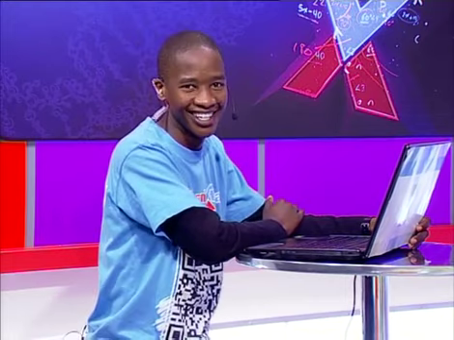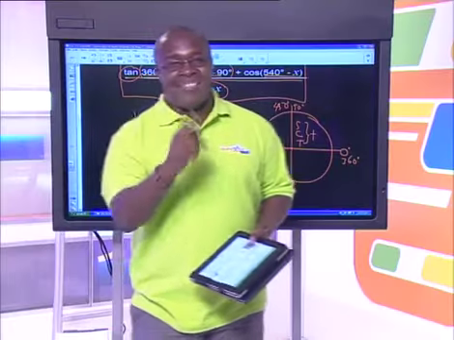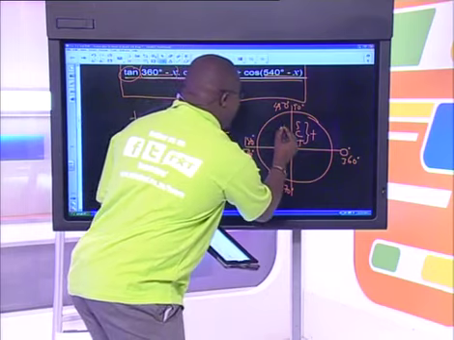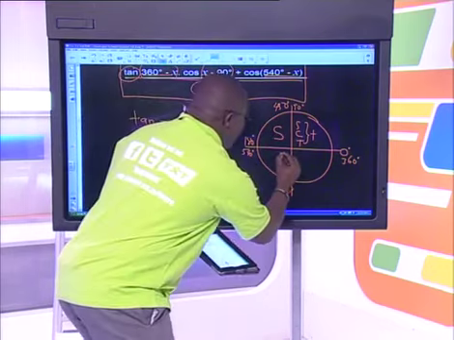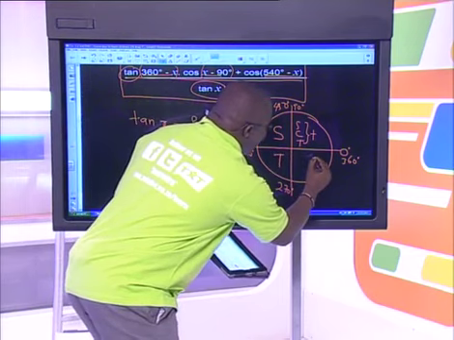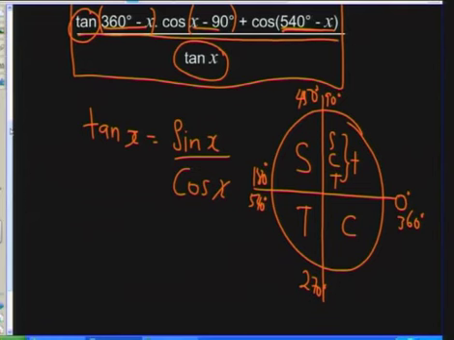Unfortunately, I don't remember. Okay, it's fine. In the second quadrant, we have sine being positive. Then in the third quadrant, tan, and in the fourth, cos. That's it.